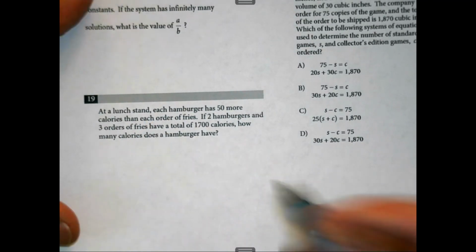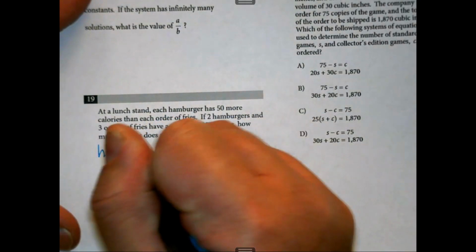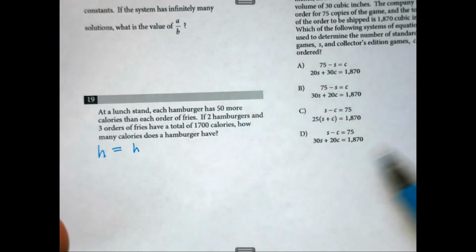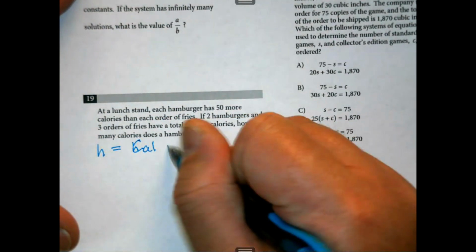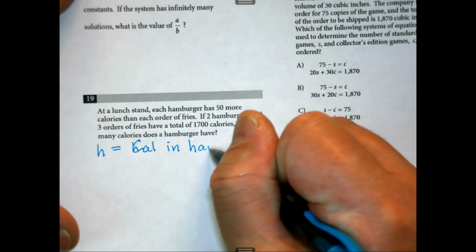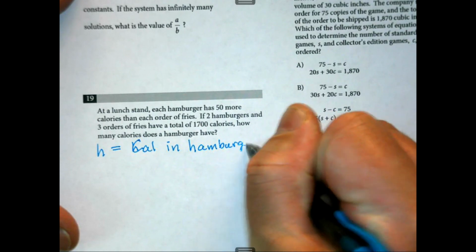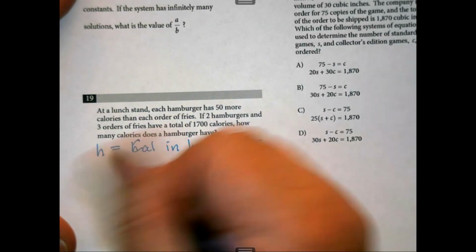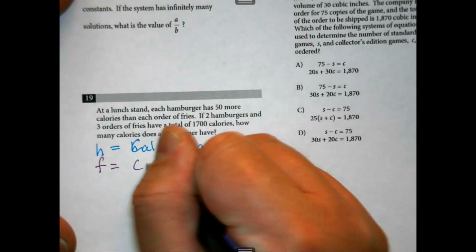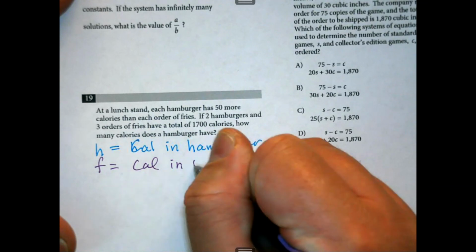So H equals calories in a hamburger. And then we have French fries, so I'll say F equals calories in French fries.